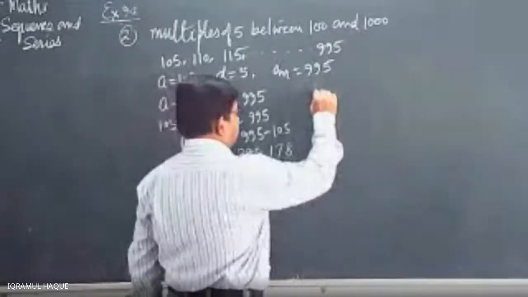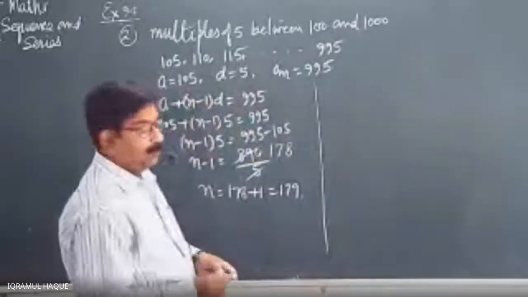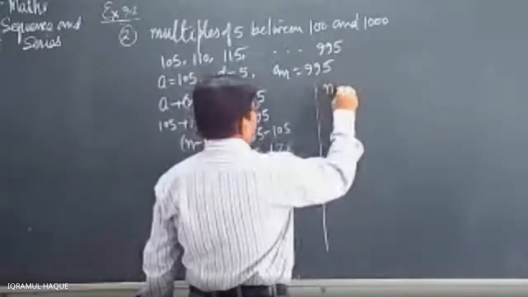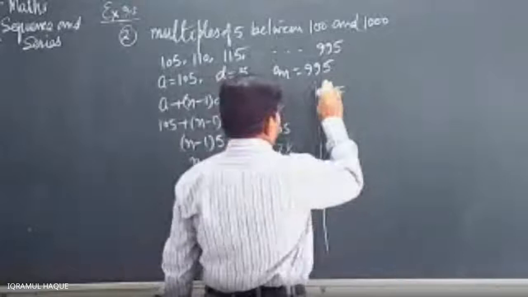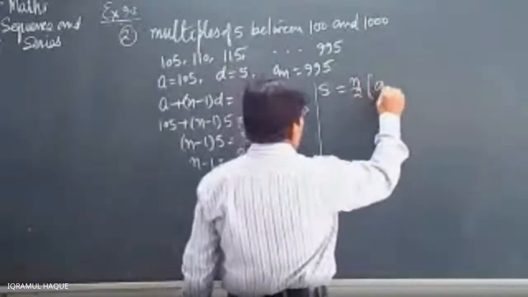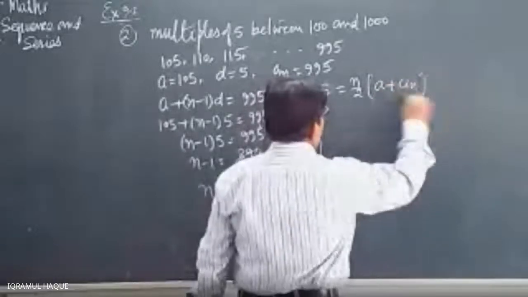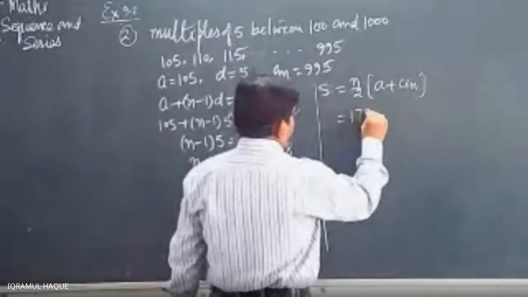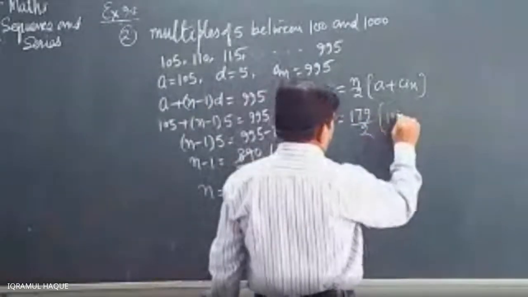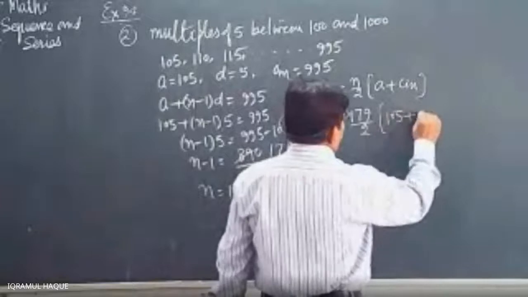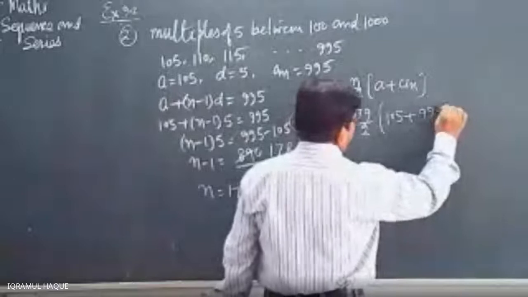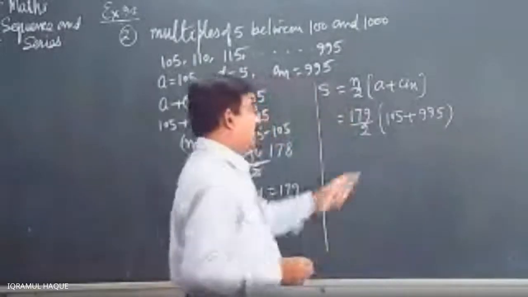Now find its sum. Sum is, see, S is equal to N by 2 into A plus AN. This is 179 upon 2 into A is 105 plus 995. So add this.